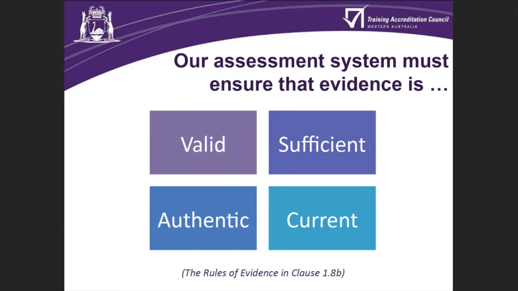And currency basically says we need to reflect on the fact that they're competent now at the time we're assessing. And indeed that again says that old evidence from the past may reflect a person's past competence, but does it reflect their current competence? And the critical thing here is that when we certificate a person to be competent, we are saying at this date, at this time, when this statement of attainment or whatever is issued, the person had demonstrated competency.